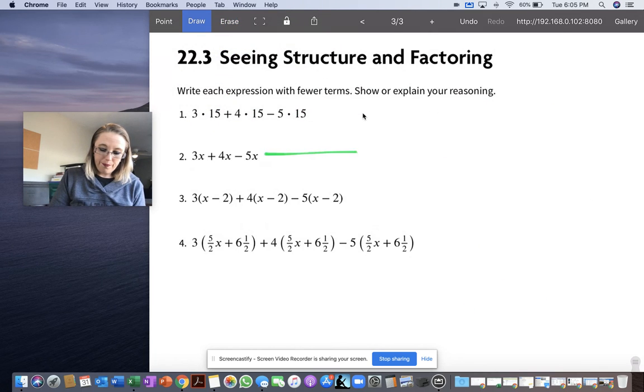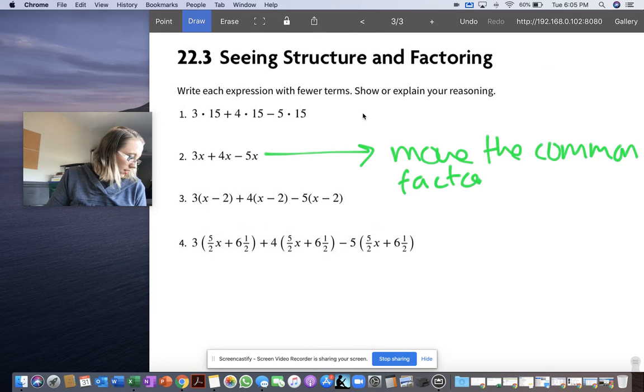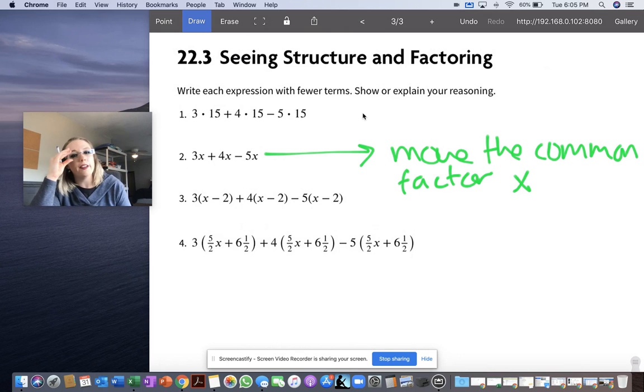Okay. Number 2. So move the common factor x. So this is a good point on this one, that the common factor doesn't always have to be a number or the least common denominator. It can be a term as well. So the only thing that's going to work in this is the term x, because it's going to be really hard or impossible to find the least common denominator or a least common multiple for this problem.